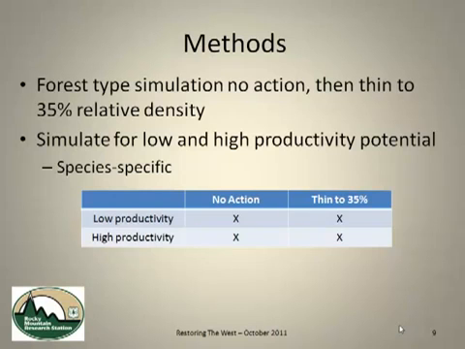And then we're going to repeat that same thing for low and high site productivity potential. In forestry, we tend to measure that with site index, and I'll come up with a proxy for that for Pinyon-Juniper. So we have this cluster of management outcomes.